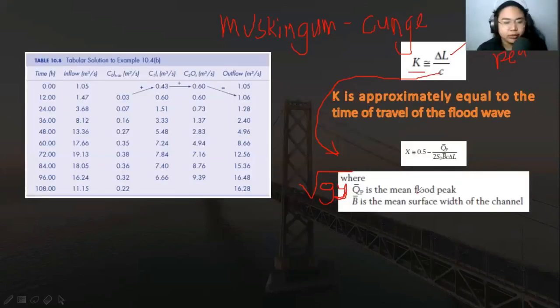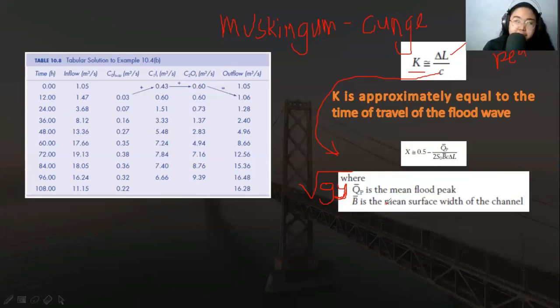Ayan na siya. So using these equations allows rapid calculation for K and X for each reach, and the constant parameter Muskingum-Cunge method may also be applied to rivers without recorded outflow hydrograph. And recalculating the parameters at each time step for each reach, the variable parameter Muskingum-Cunge method provides an improved simulation of the routed hydrograph shape.